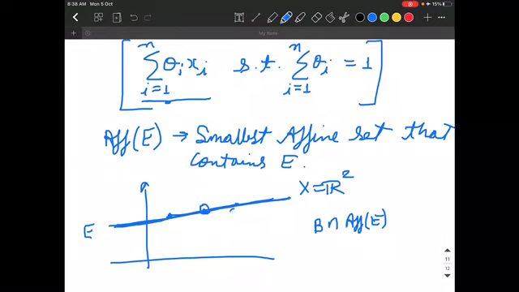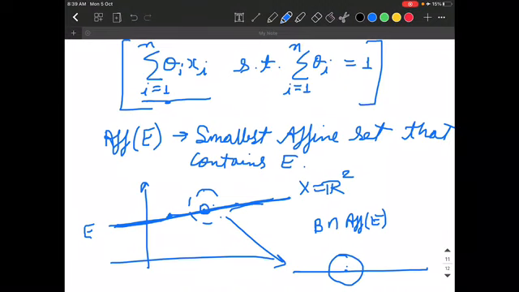If we zoom into this, this is the point, this is the open ball around it, and this is the line. So this open ball intersection affine of E is this part of the line, and this is actually contained in E.